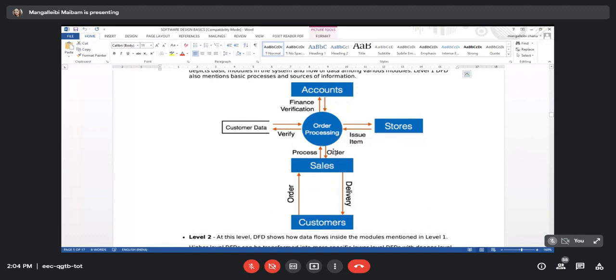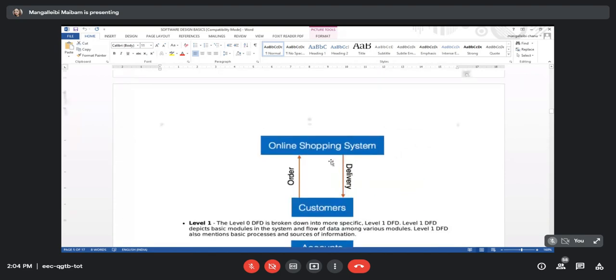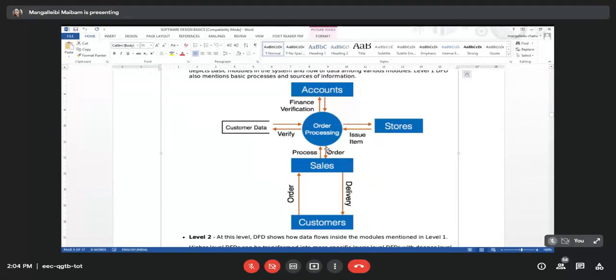And finally, once you get the order from the store, then this order has to be delivered to the customer. So detailed information is shown here rather than in this one. This is the basic information, that's why we call it level 0. Detailed information, that's why we call it level 1.